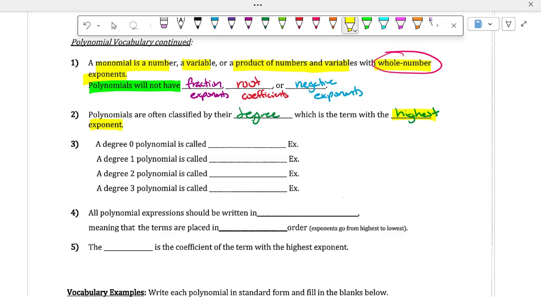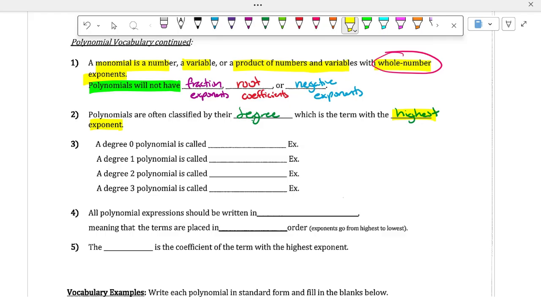So a polynomial with a degree of 0 means it has an exponent of 0. Let's say I had 9x to the 0 power. Anything raised to the 0 power is what? Not 0. Let's review from math 1. Anything raised to the 0 power is always 1. So this is the same thing as 9 times 1, so 9.